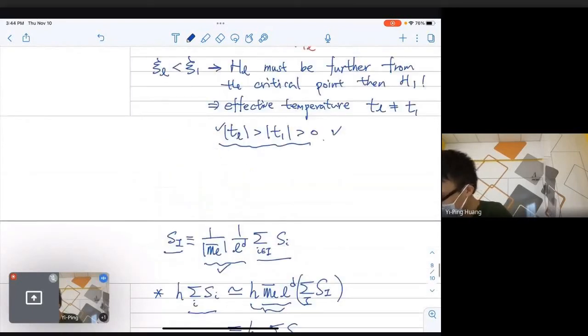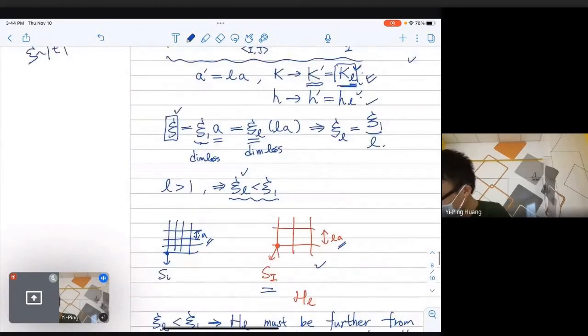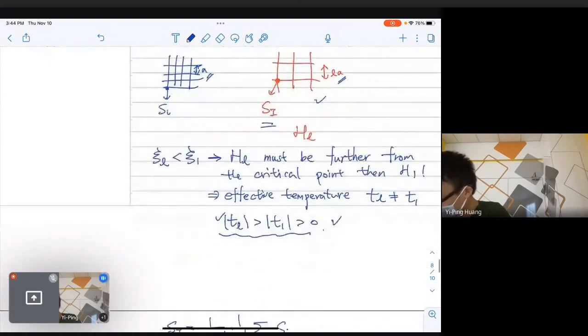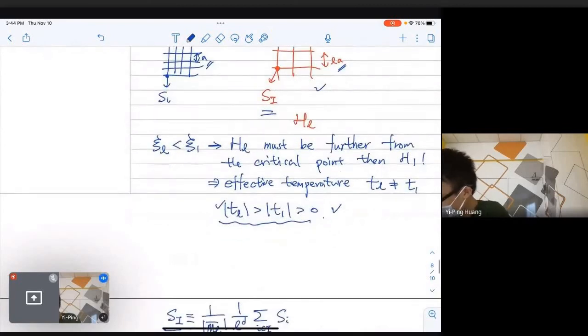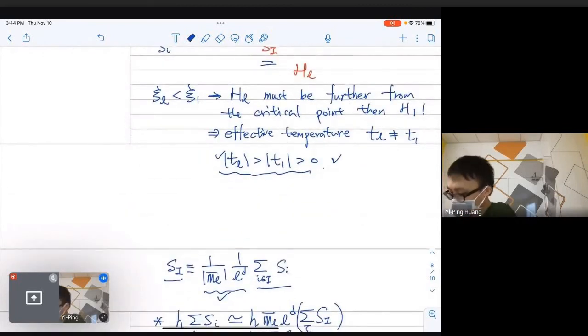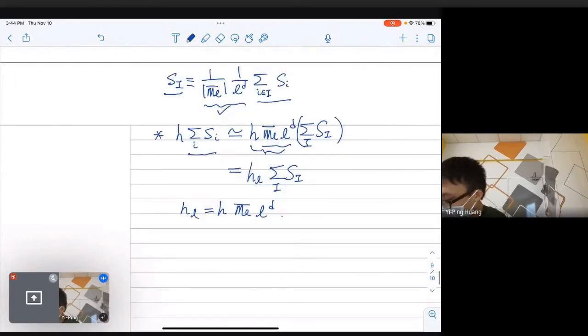So, okay, after this coarse-graining, what we know is that basically we are getting to a temperature, or a reduced temperature, that's a little bit further away from the critical temperature. And we also know, oh, by the way, HL is easy to calculate.